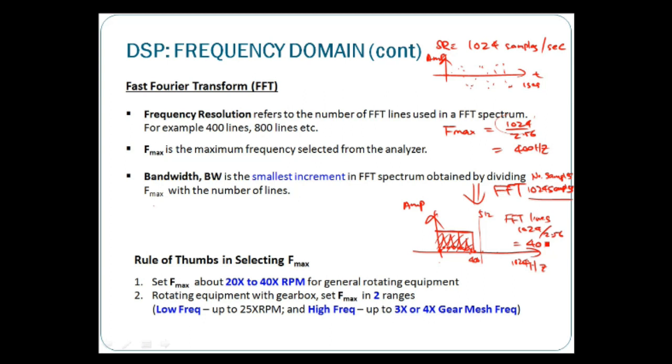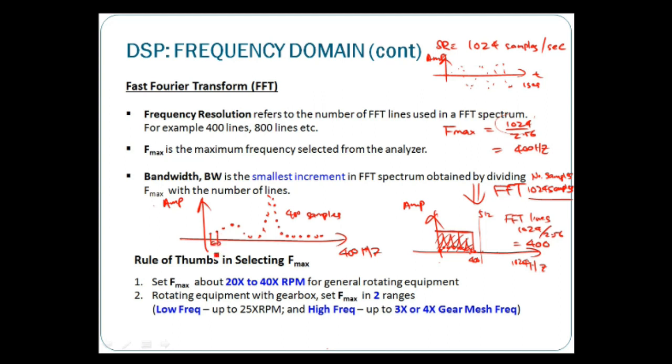All right, so in this case, the resolution in your frequency domains. Let's say this is up to 400 hertz only. Zoom in. So this amplitude, just now we said that 0 to 400 is my Fmax. So from 0 to 400 hertz, I have 400 samples or lines that can build this frequency domain spectrum.